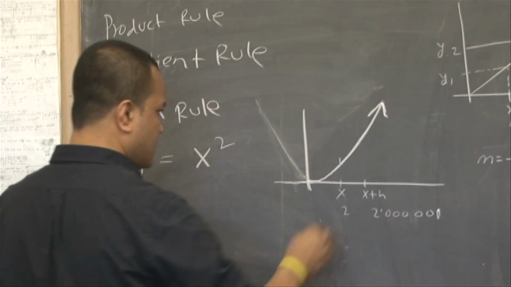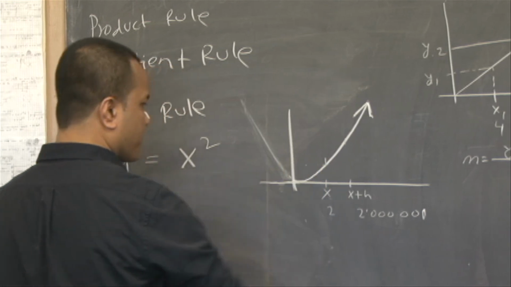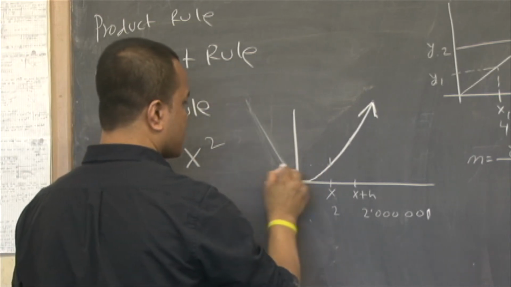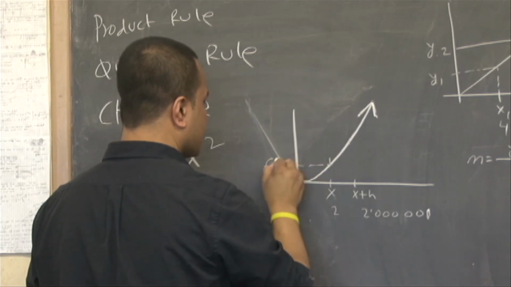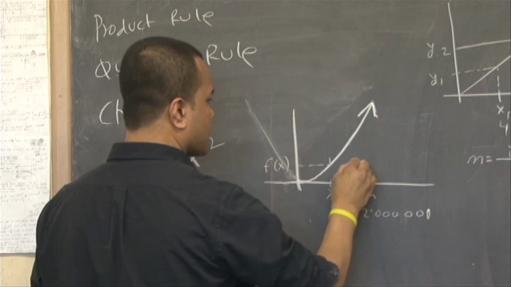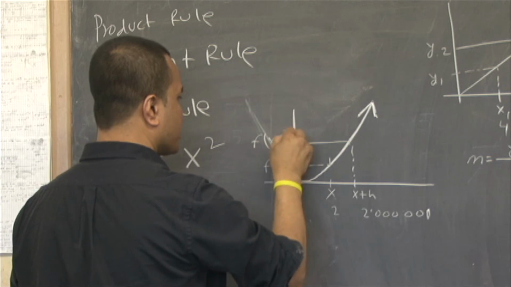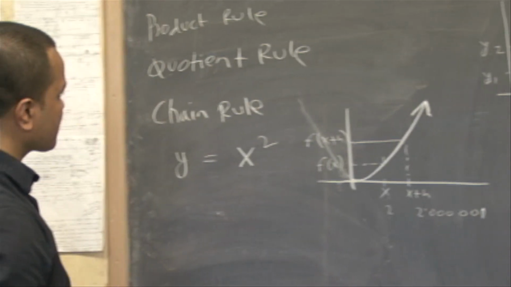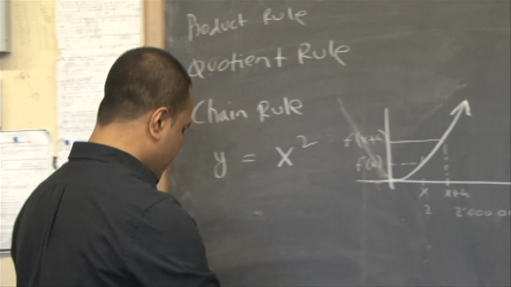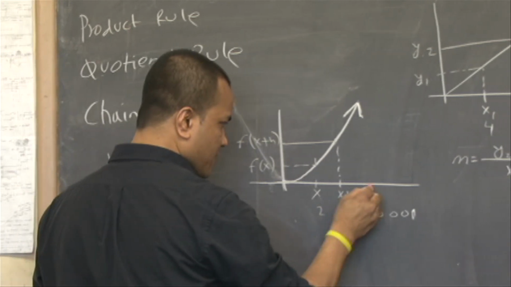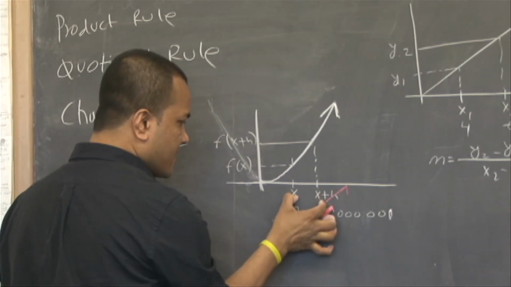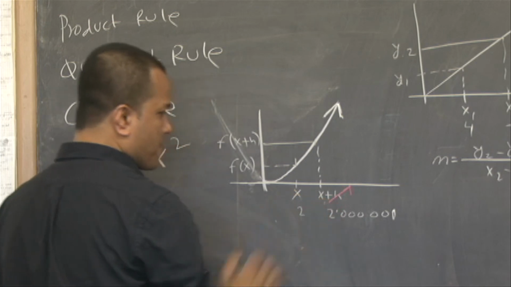So what is this one then? This one is f of x, and this one is f of x plus h, right? So what do you do if this change approaches 0?